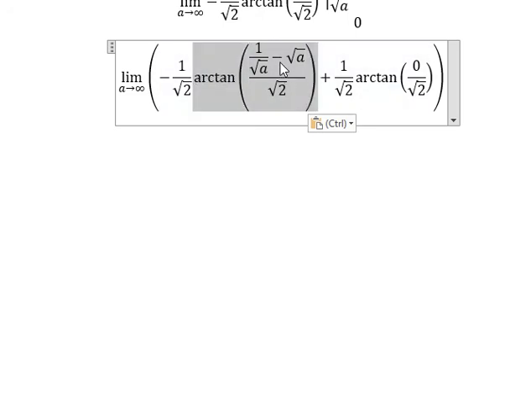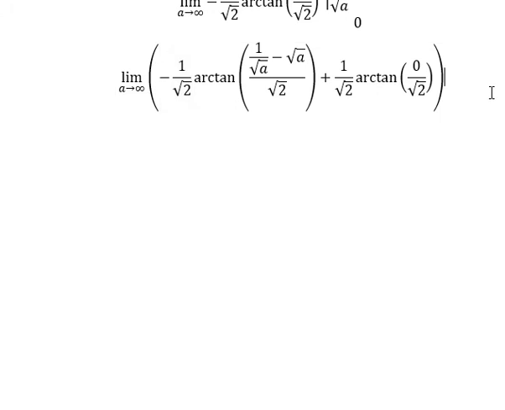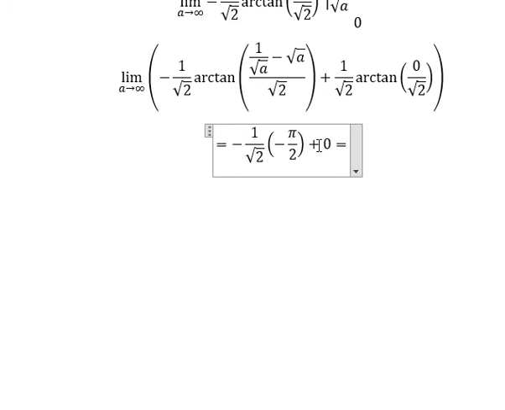Arctan of negative infinity, we have negative b over 2. This one we have number 0. So we simplify, and we have b over number 2 with the square root of number 2.